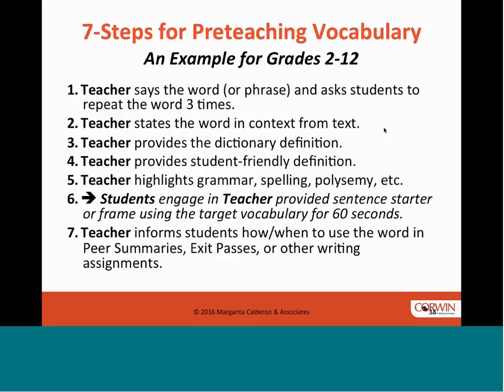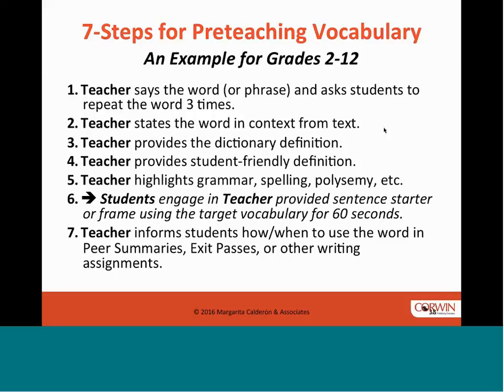That is, the teacher pulls the whole sentence from the text that the students are about to read and posts that along with the 7 steps on a PowerPoint or on a smartboard so that students can see all these 7 steps. Step number 3, the teacher provides the dictionary definition.